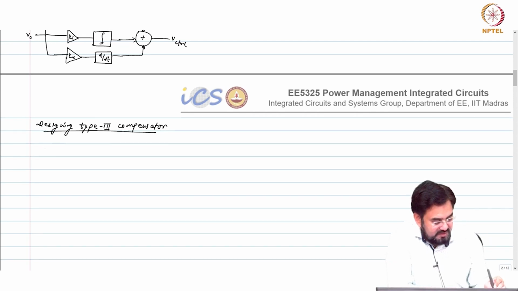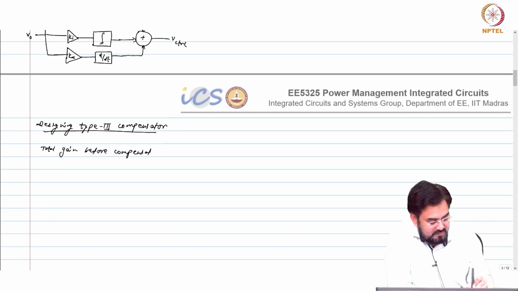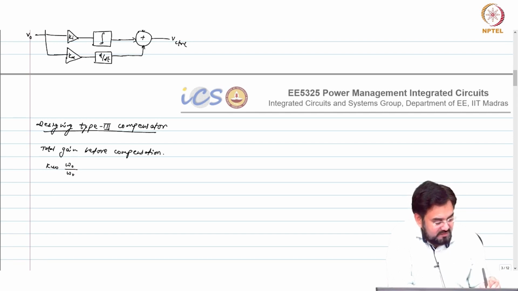So let me call it total gain before compensation: KU0 omega naught over omega UGB square.